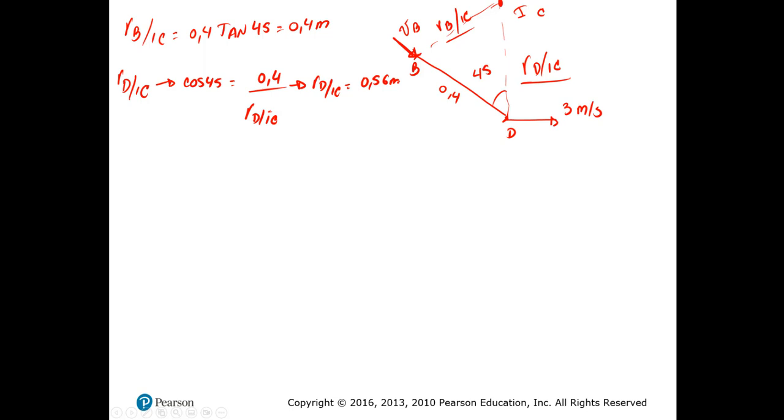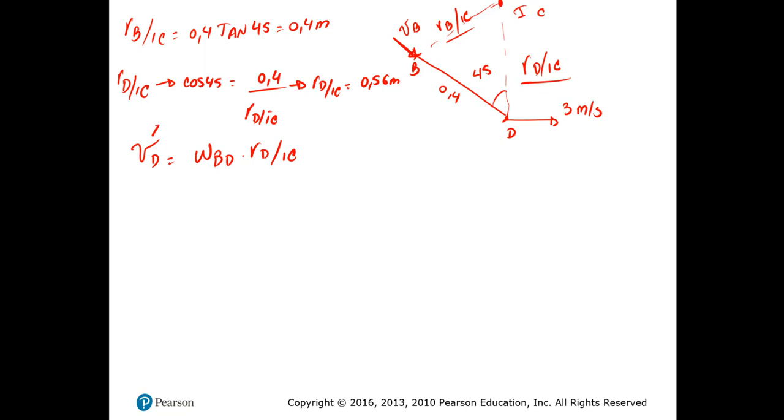Okay, and why is this very important? Because now that you have that at D, you can easily find your omega BD. How do we find that? Well, easily. The velocity at D is equal to omega BD multiplied by the distance of D from IC.